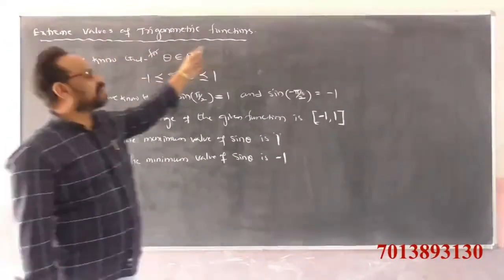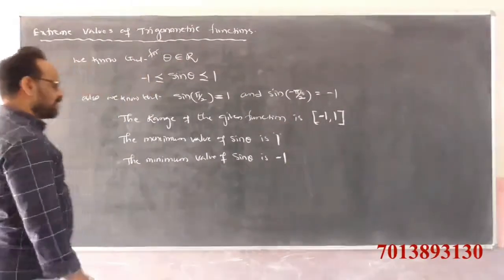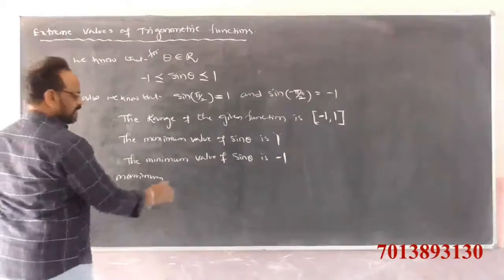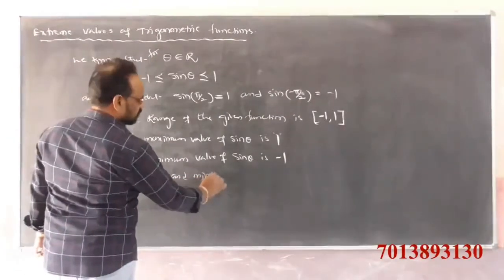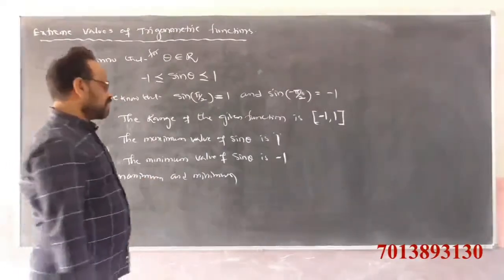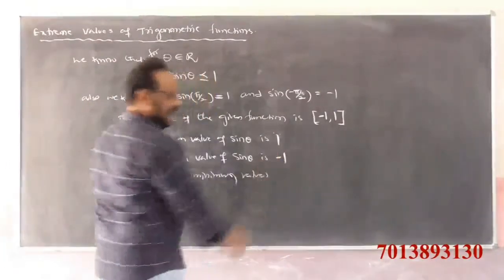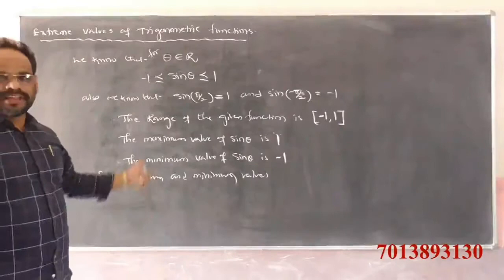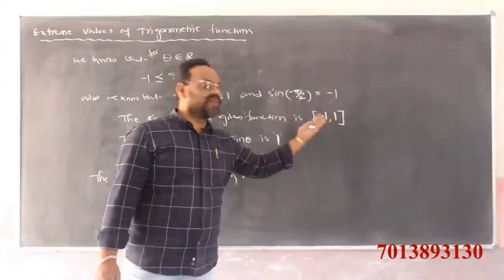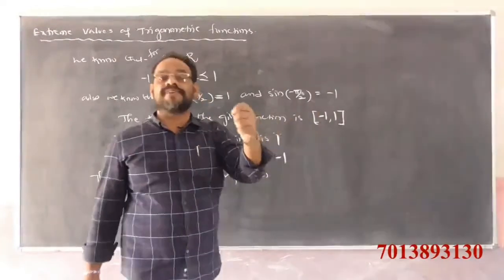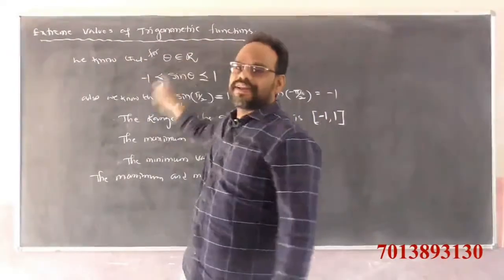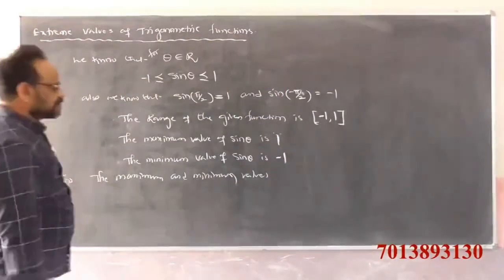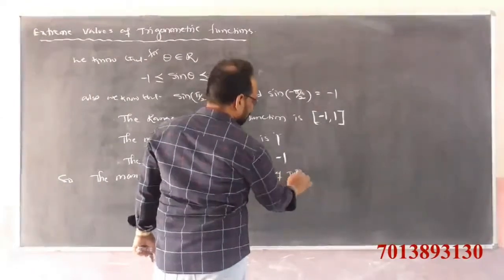The maximum value and the minimum value of the given function are nothing but the extreme values of the trigonometric functions.